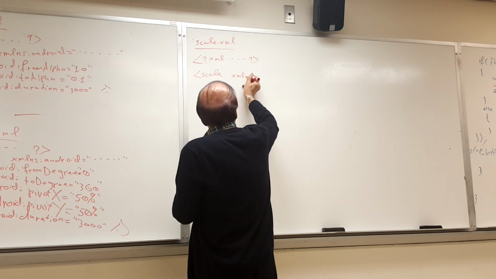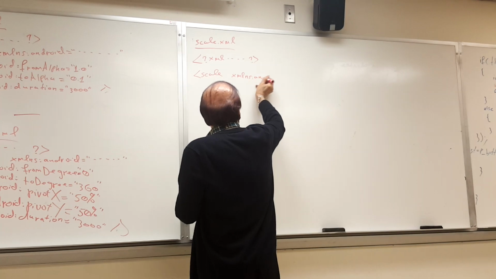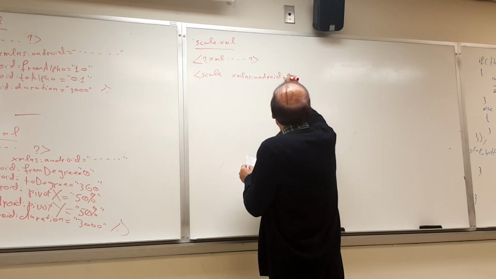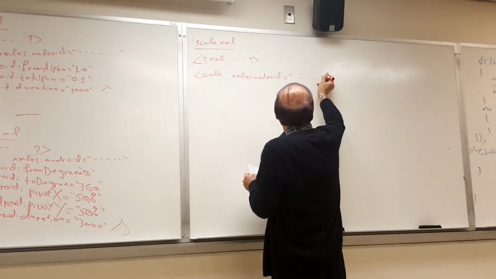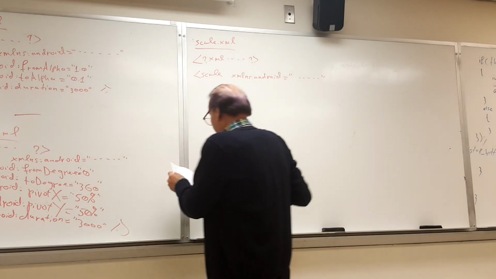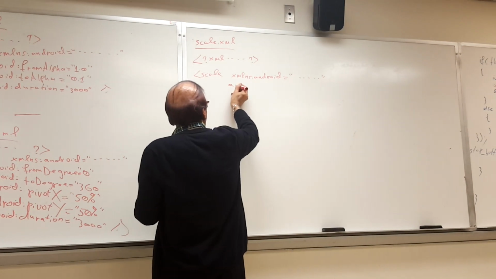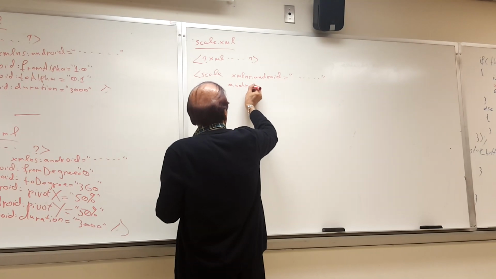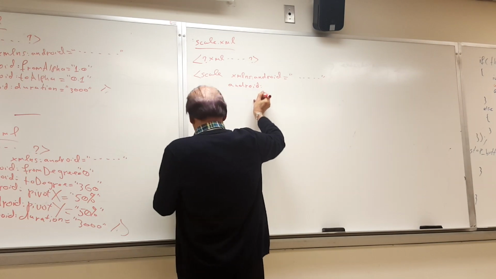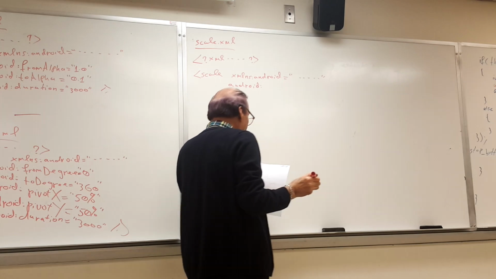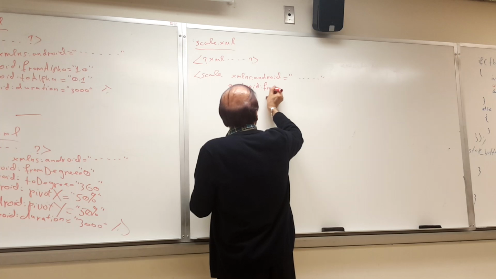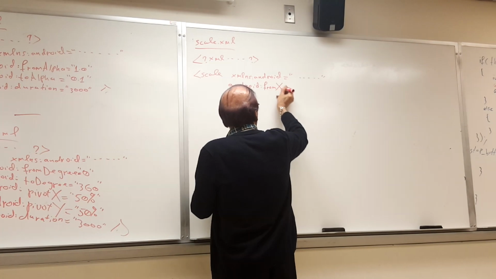XML NS Android equal whatever. Pay attention to these attributes, please. Android colon fromXScale.